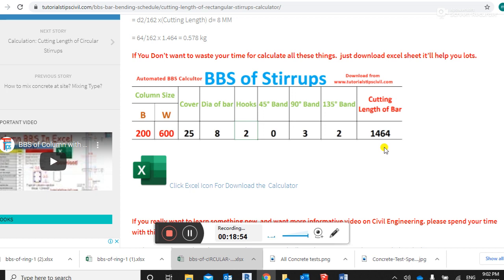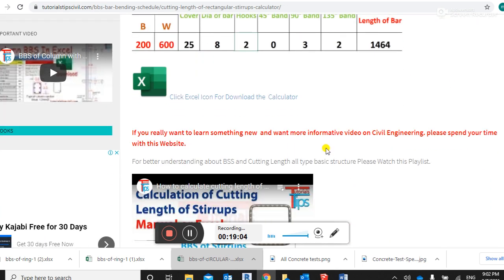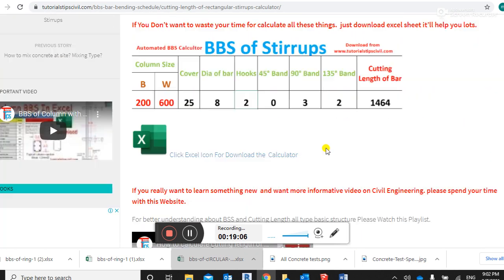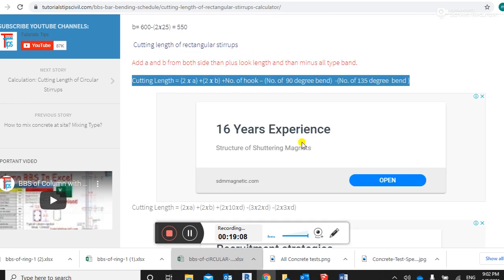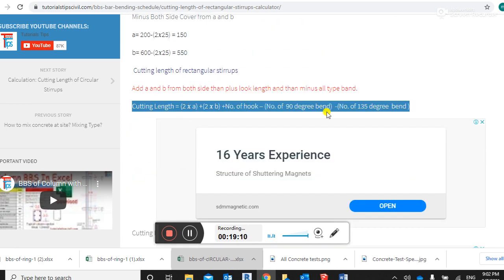We cut the bar at 1464 millimeter, then shape the stirrups. Guys, this is a very important and easy topic. You just remember the formula for the cutting length of rectangular stirrups, put in all the values, and you get the final answer.